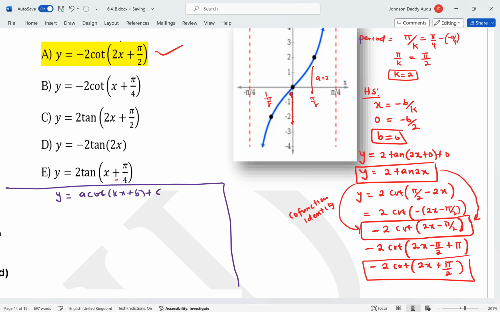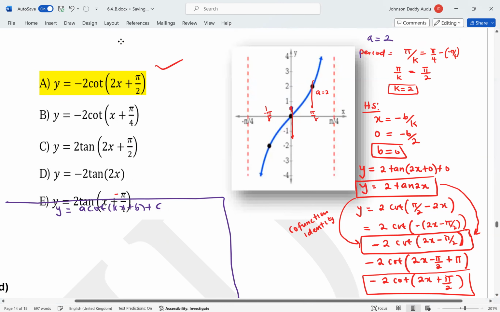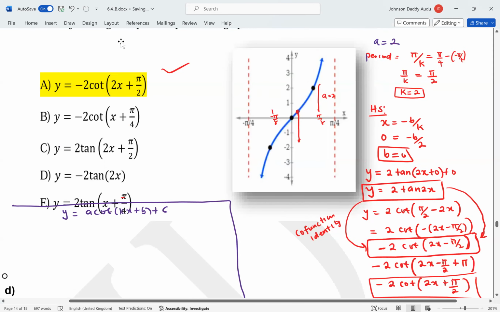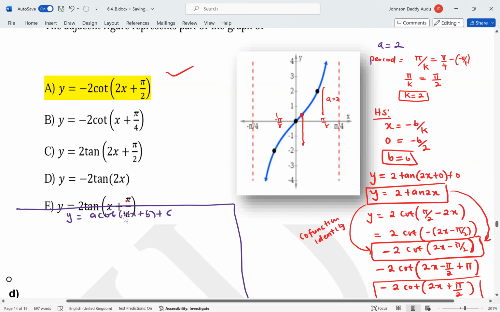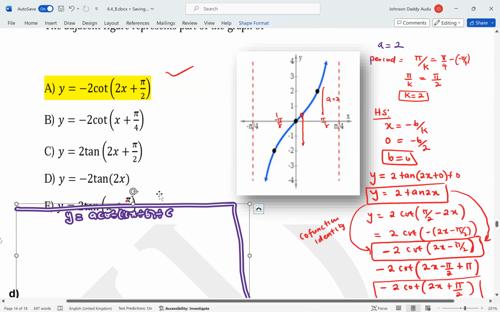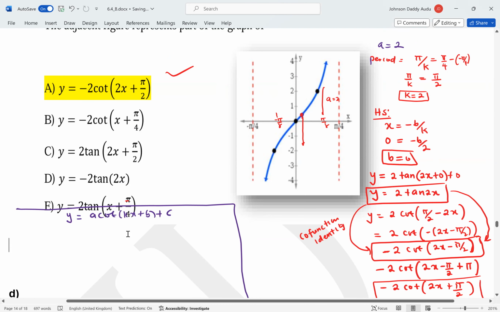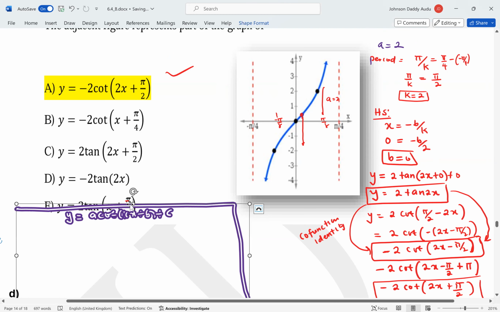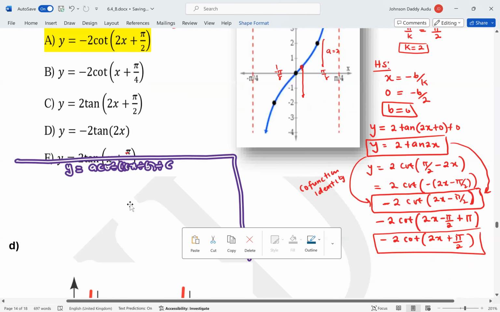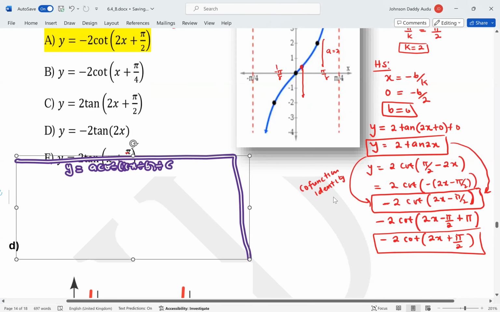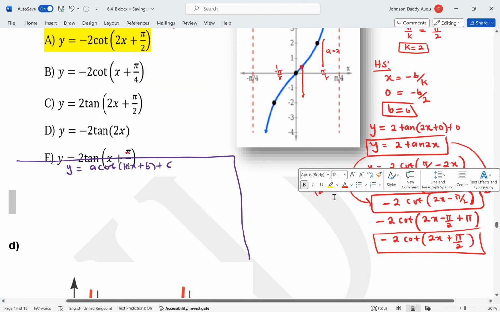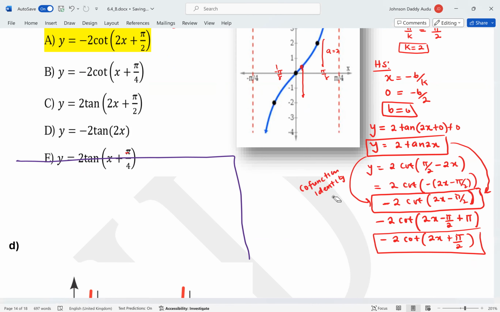So if you want to solve it as a graph of cotan, almost everything will remain the same, except when we come to do the shifting. So you have y equals a cotan kx plus b, plus c.